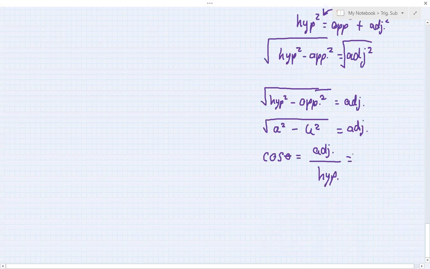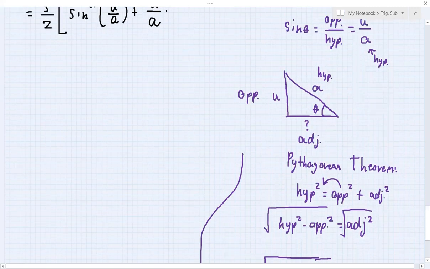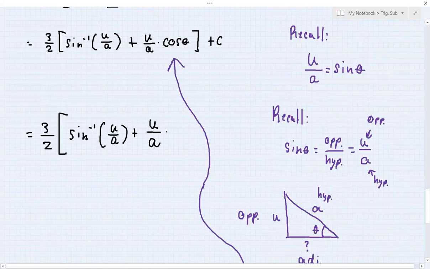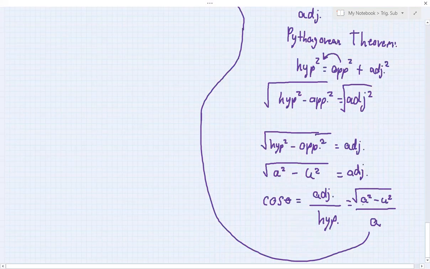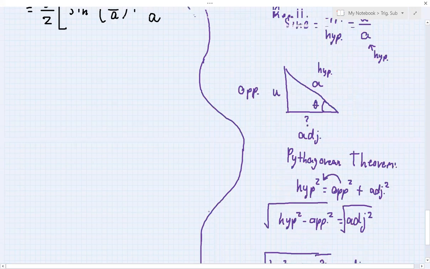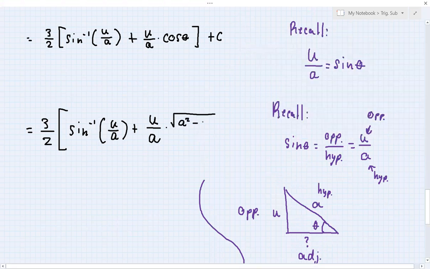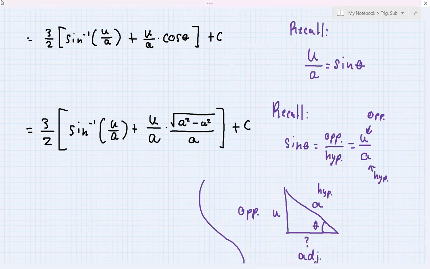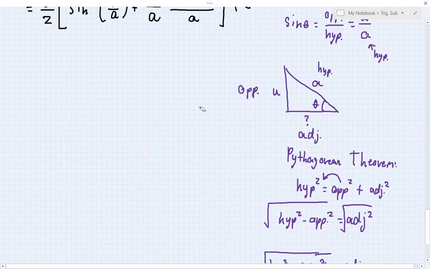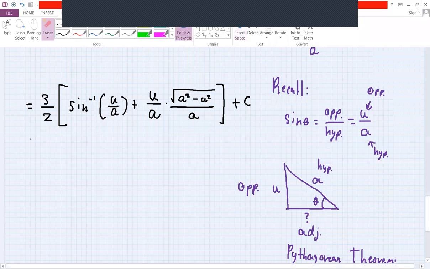So, that means adjacent natin ay square root of A squared minus U squared all over yung hypotenuse mo, si A. Therefore, we're going to substitute this sa cosine theta, which is square root of A squared minus U squared over A. Ayan na siya. Okay, let's combine them both.